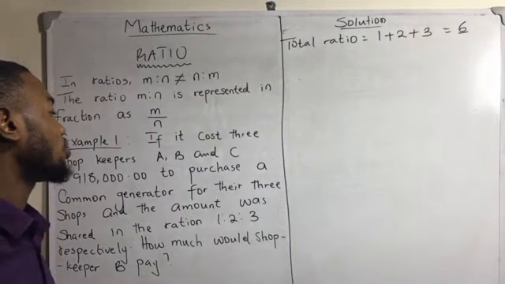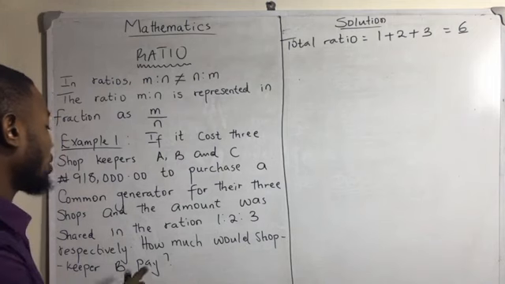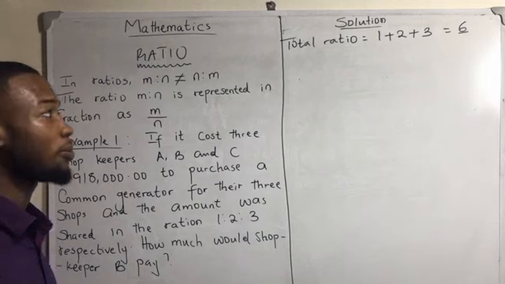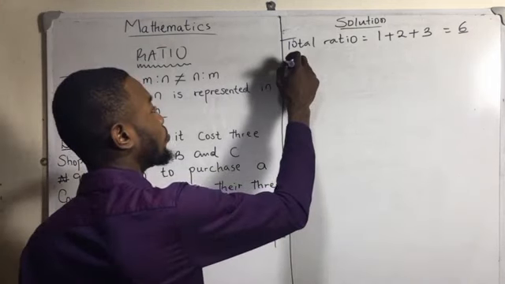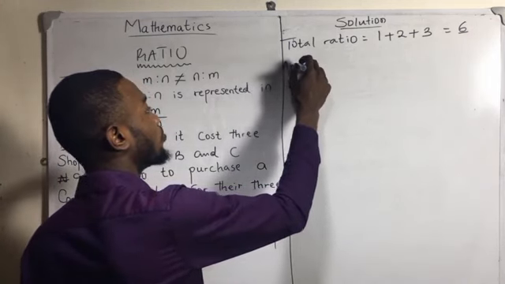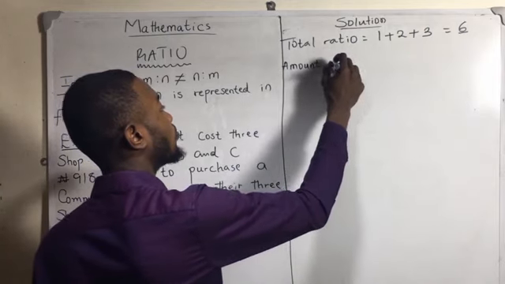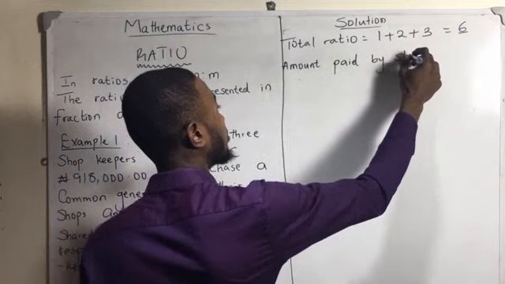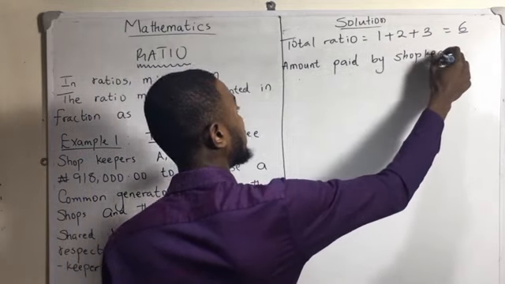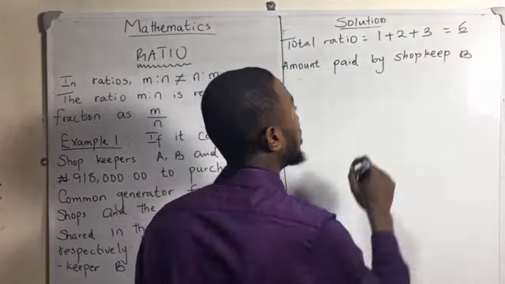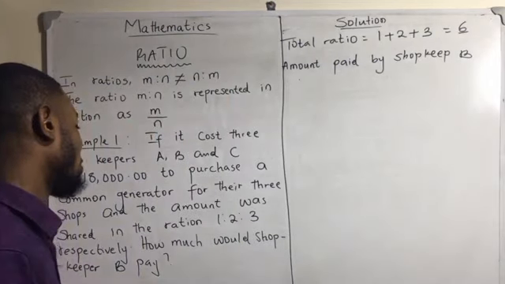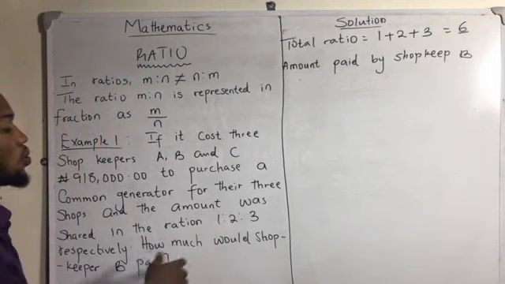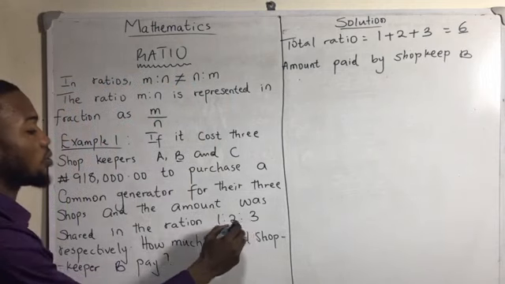Now the next thing to do is to solve for the money paid by shopkeeper B. Now the ratio of shopkeeper B is 2, because we have A, B, 1, 2. So this is the ratio 2.